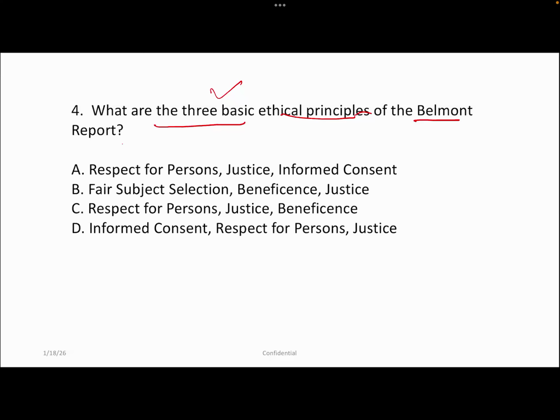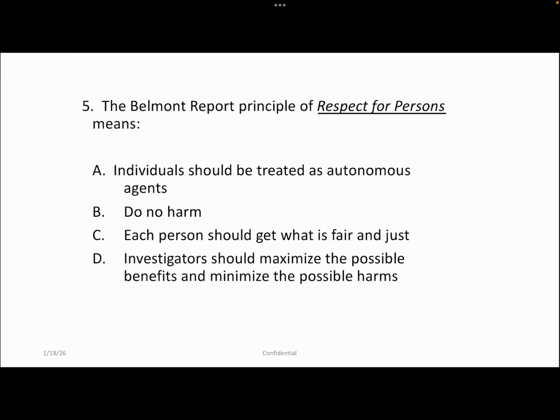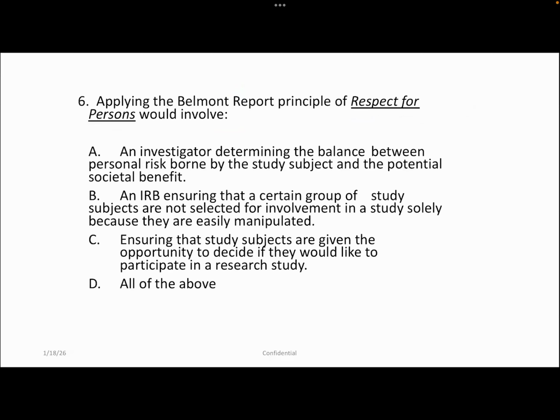Majority are saying C: respect for persons, justice, and beneficence. C is the correct one because it says respect for persons, justice, and beneficence. And all of you should remember this, please.